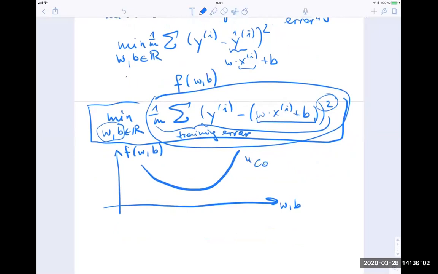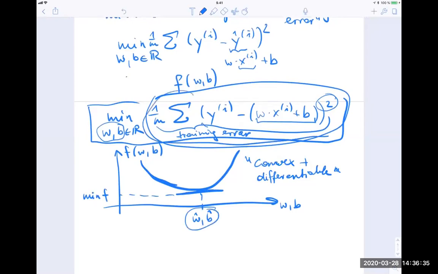This is a convex function, and moreover, it is a smooth function, or we call it differentiable. What does that mean? Convex means it's bowl-shaped, so it has one unique optimum. So there is the minimum training error, and it's achieved by one particular choice. Let's call it W hat, B hat. So these two numbers achieve, when plugged in here to this optimization problem, the minimum value.